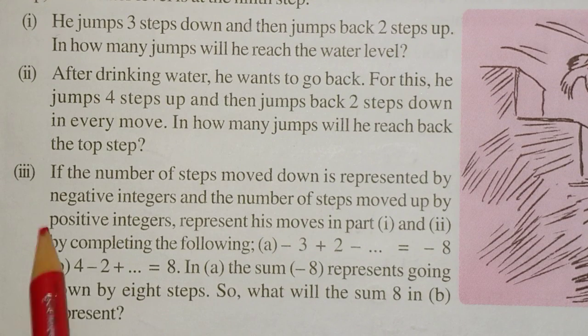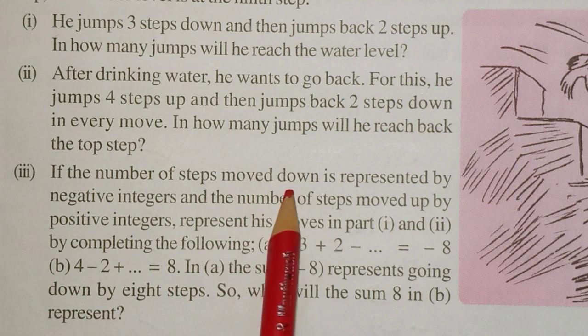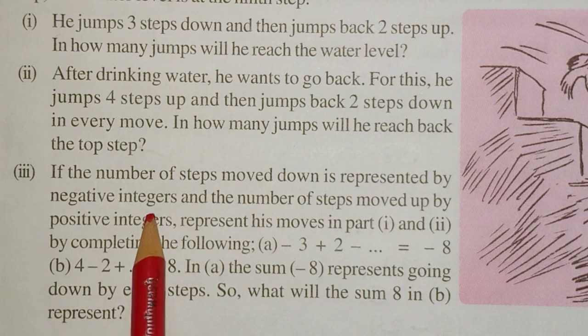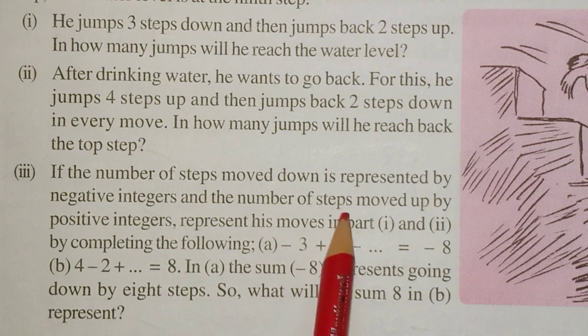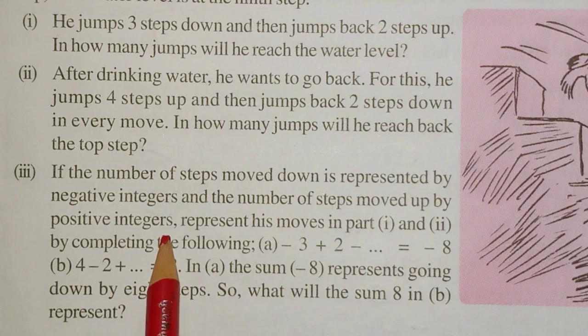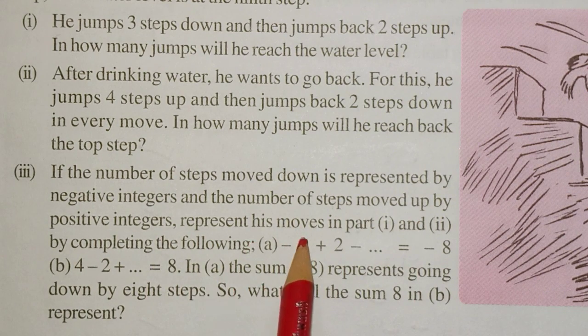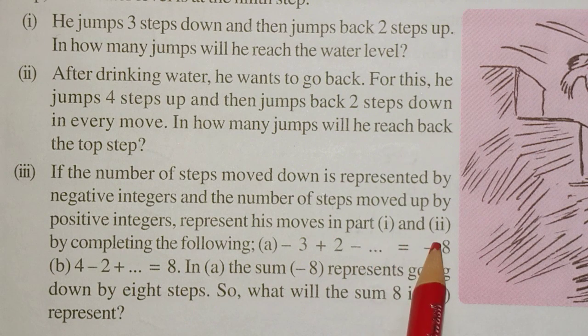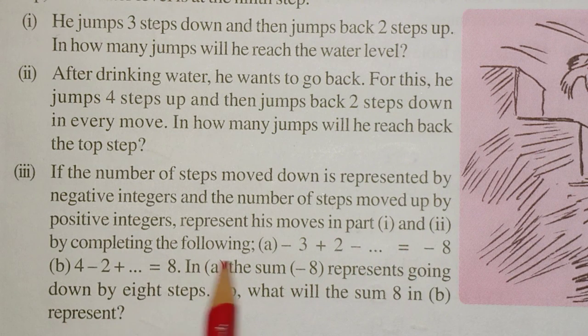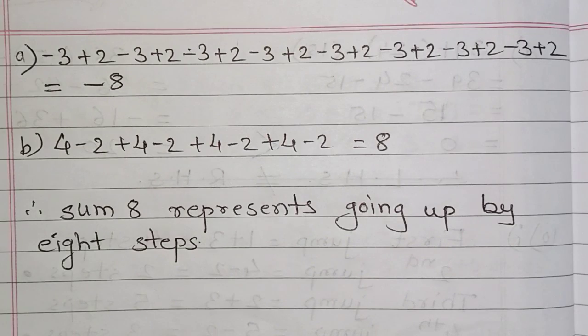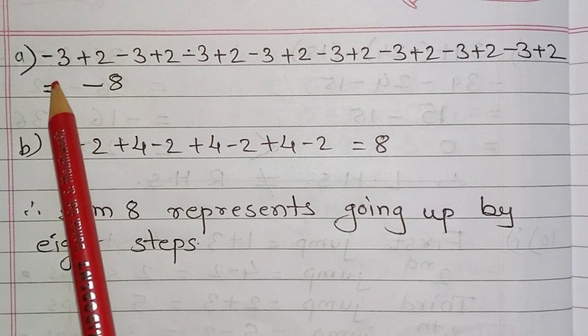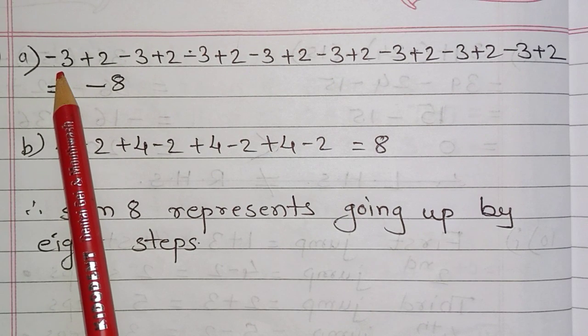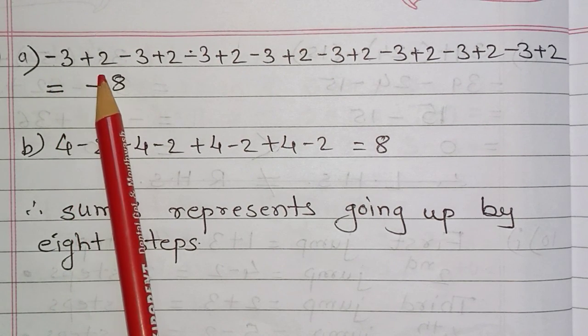And the last one is, if the number of steps moved down is represented by negative integers and the number of steps moved up by positive integers, represent his moves in part 1 and 2 by completing the following. So let's see. Here I have written minus 3 for going down and plus 2 for coming up.